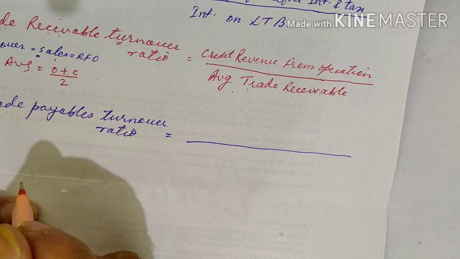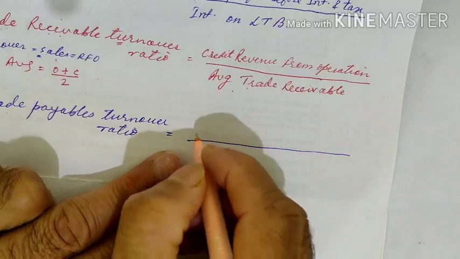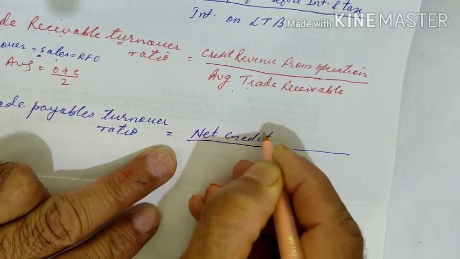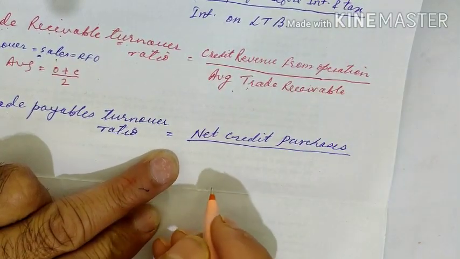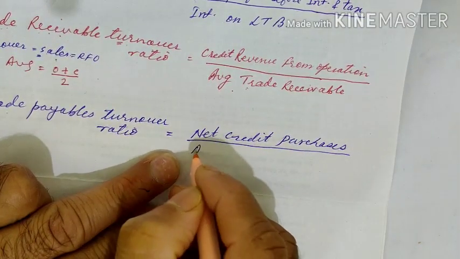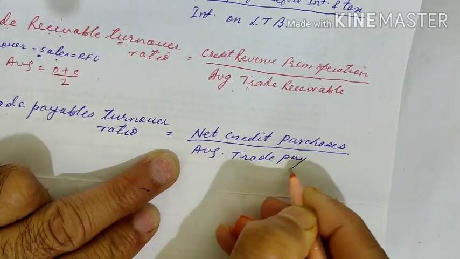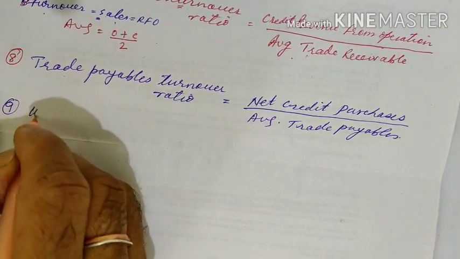Very smart. Yes, purchases. So here we are going to take the term purchases. So here we'll have net credit purchases, and again it is average trade payables.